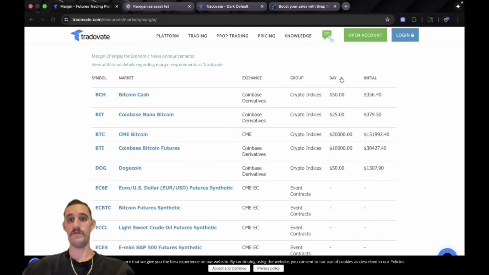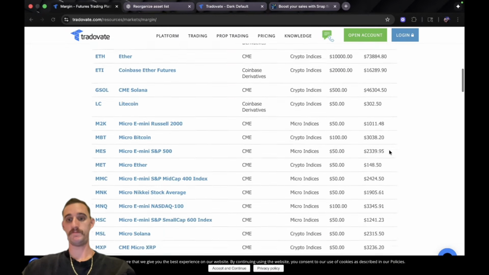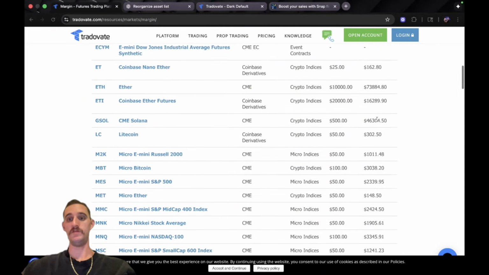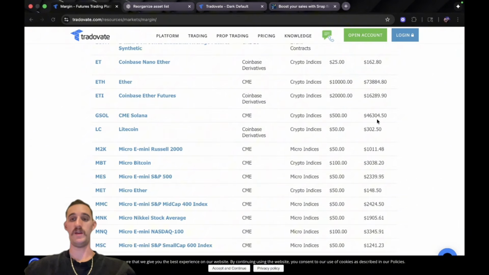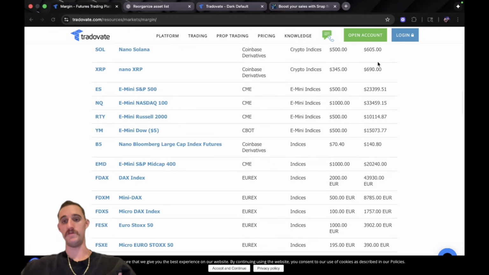This is going to be your maintenance margin, meaning if you hold a trade over into the next day, you need this much money in your account, if you're trading that specific asset, to carry that trade over. That's what they call maintenance margin.